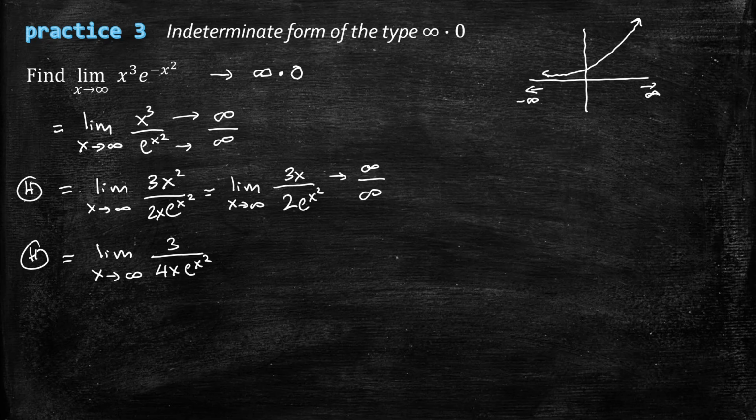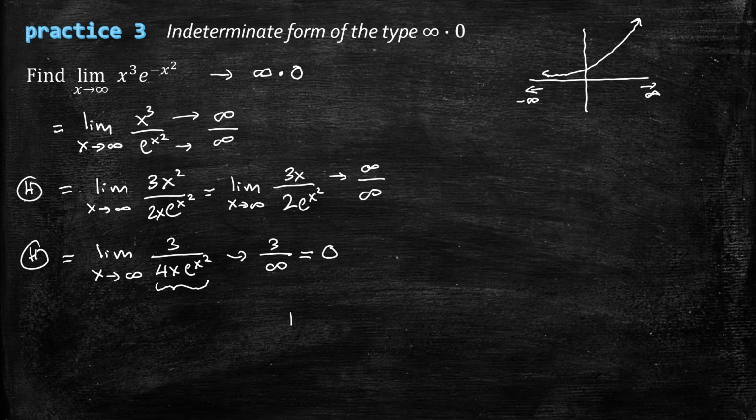And now we're at a situation where if we plug infinity in, the numerator is not going to be infinity anymore. But everything is on the bottom, so we can't use L'Hopital's rule again because we don't need to. Because if you're taking 3 and dividing it by 4 times infinity, huge, e to the infinity, huge, you're really taking 3 and dividing it by infinity. And therefore that is going to go to 0.